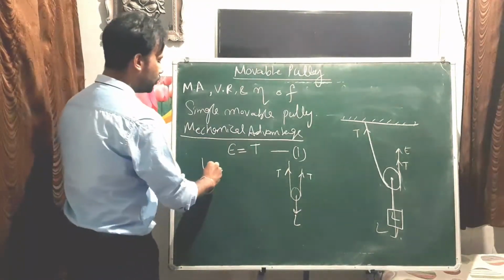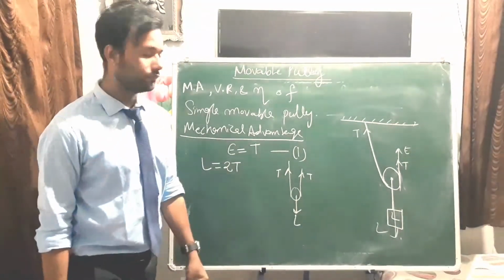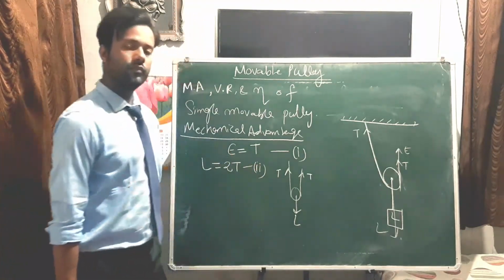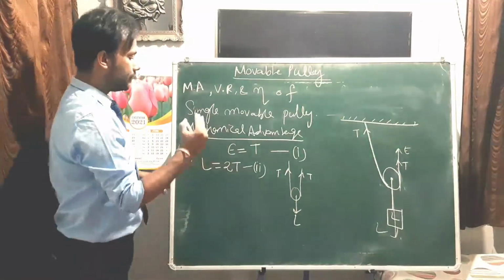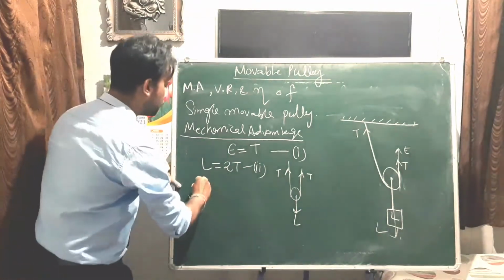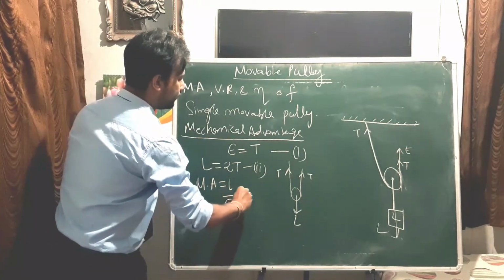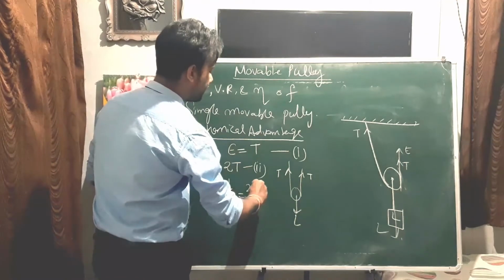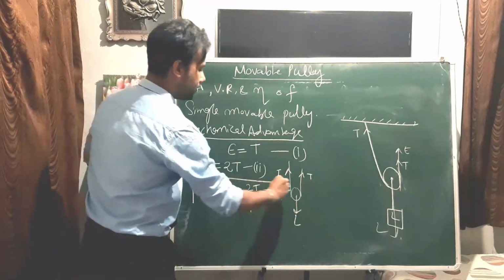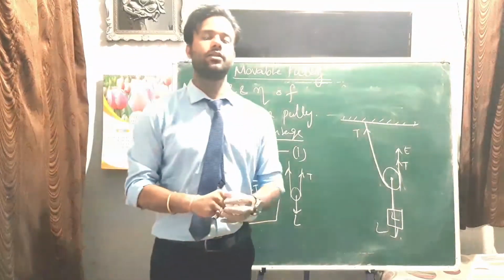That means load is equal to twice T. Equation number 2. Right? So now we have the value of load and the value of effort, we can find the mechanical advantage. Mechanical advantage is nothing but load upon effort. Load is basically 2T and effort is basically T, so it equals 2. The mechanical advantage of a single movable pulley is 2.